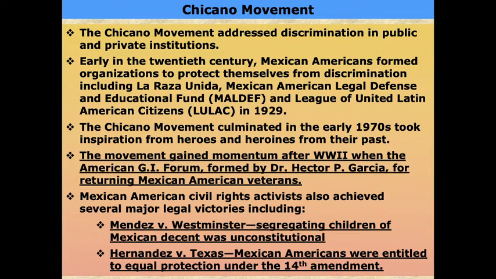So the Chicano movement in the early 70s really gets kickstarted, and we're going to look at people like Cesar Chavez and Dolores Huerta.